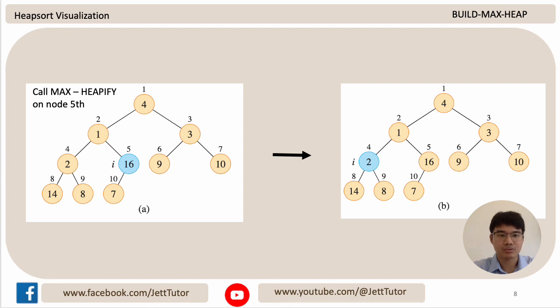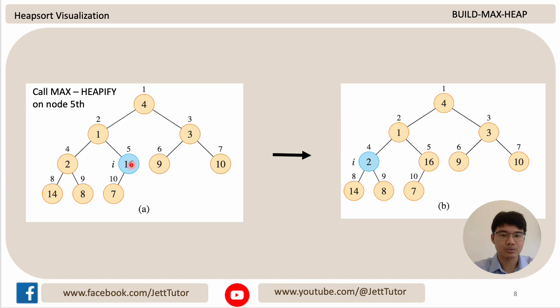Since they are leaf nodes, there is nothing to do about it. Then we start from node 7. Node 7 has no children, so that solves the problem. We go to node 6. It's also a leaf node, so we don't do anything.